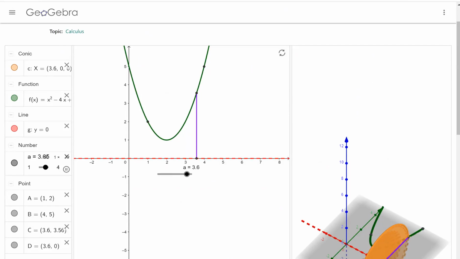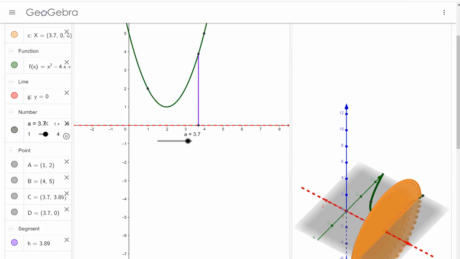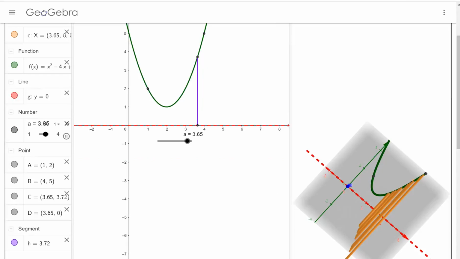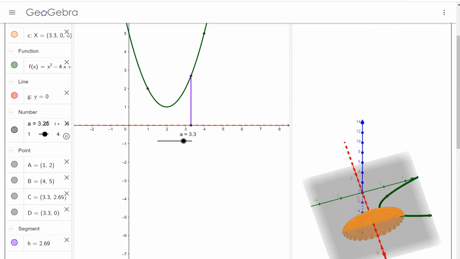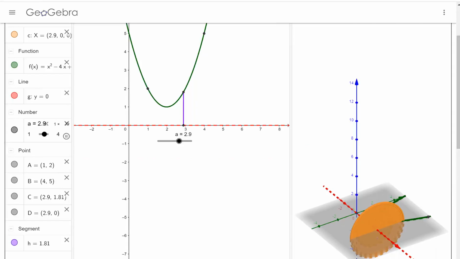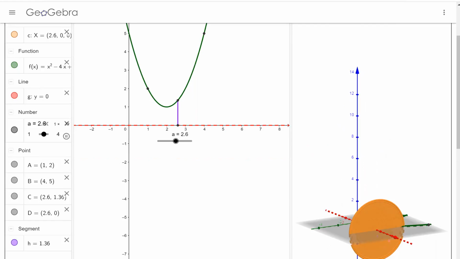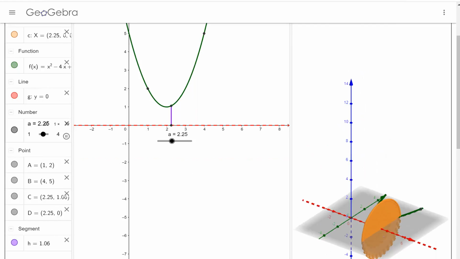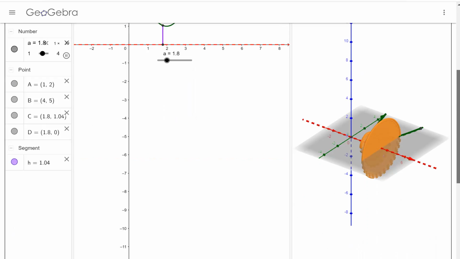Okay, so you can see when the rectangle travels around, we also get this solid. You can move this around and look at this solid. I hope all of this visualization can deepen your understanding.